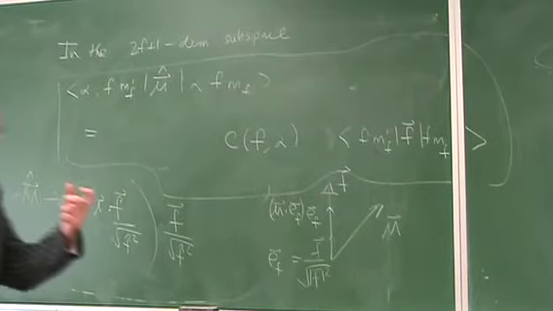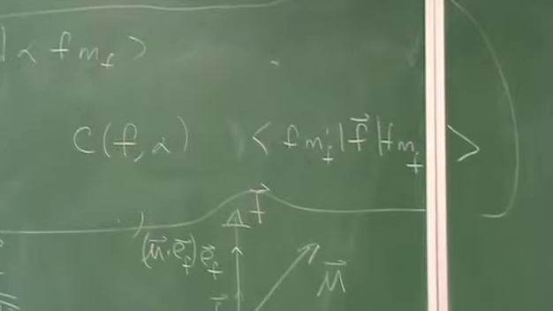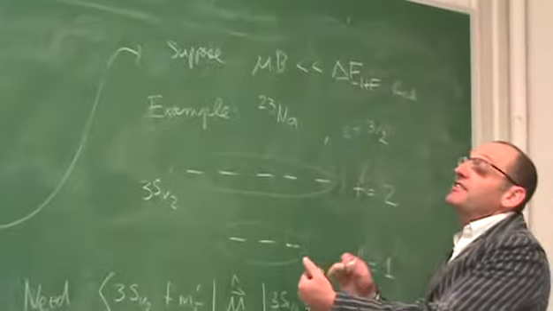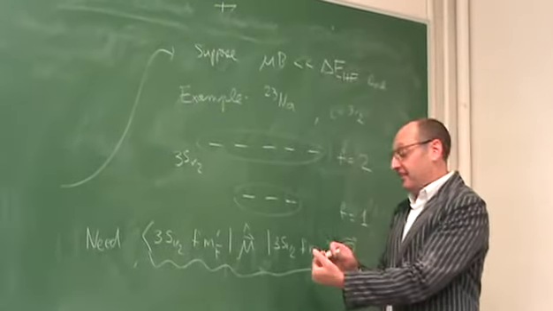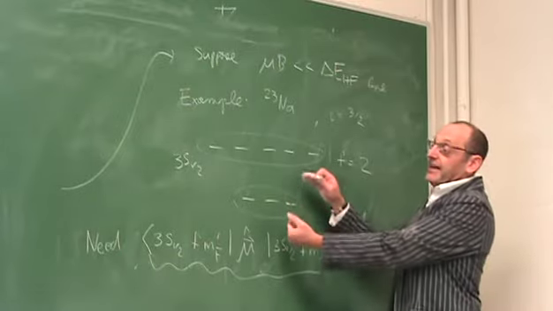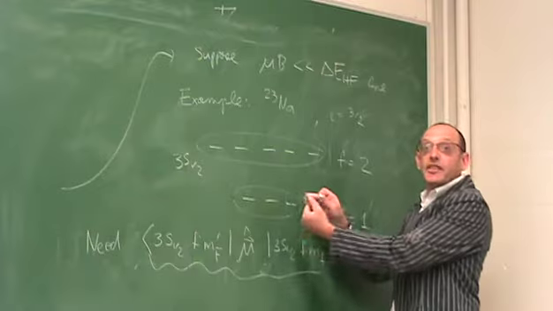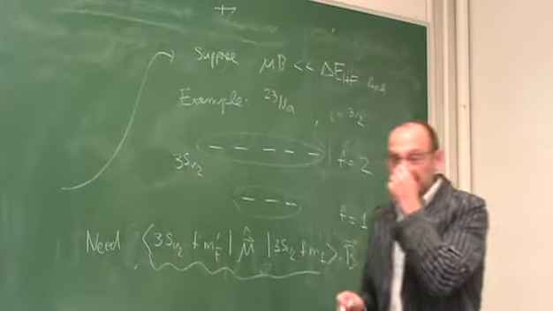So what you will see in your homework is this is, for example, how you calculate what's known as the G factor associated with the splitting of the magnetic sublevels in a magnetic field. There is what's called the Landé G factor.